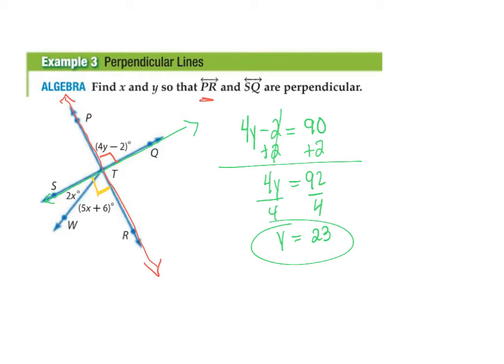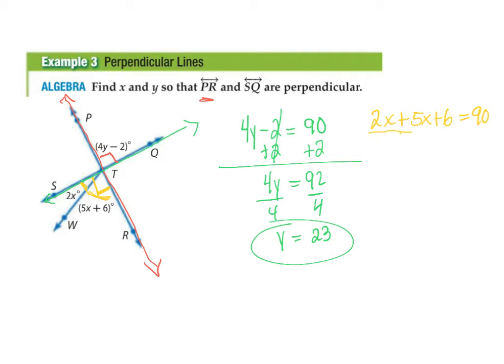But I know that that entire angle is equal to 90 degrees. So that little piece of the 2x and the other little piece of the 5x plus 6 has to equal 90 degrees. So I could say 2x plus 5x plus 6 equals 90 degrees.